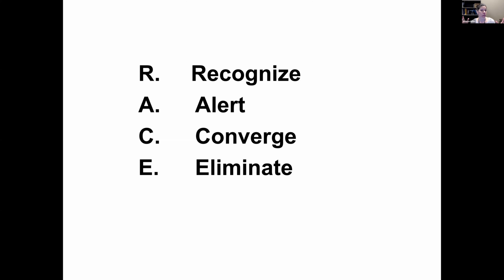It needs to alert others that there is a problem. It needs to make sure that all of the others are getting to where they need to be. And then it needs to eliminate whatever that problem is. So for most of next week, we're going to talk about the alert, converging, and eliminating aspects of innate immune cells. We're just going to start with recognition.